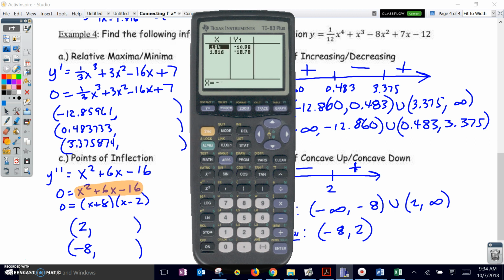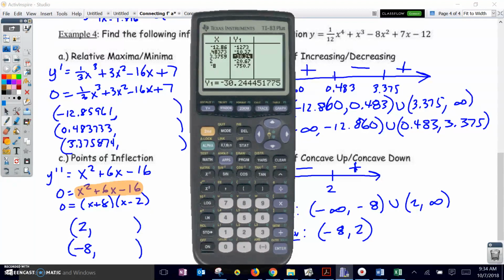And I'll find them one by one. Negative 12.85961, 0.483733, 3.375874, 2, and negative 8.